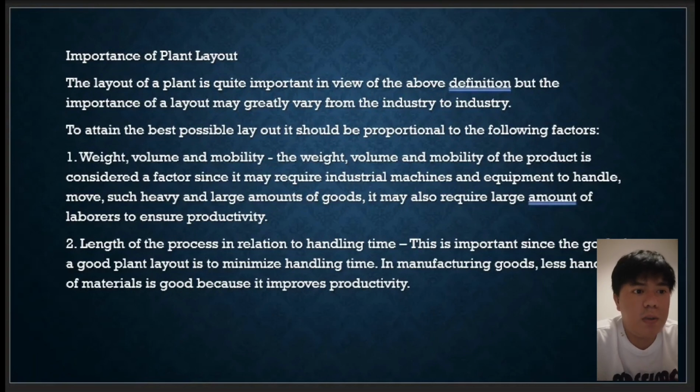To attain the best possible layout, it should be proportional to the following factors. So number 1, weight, volume, and ability.